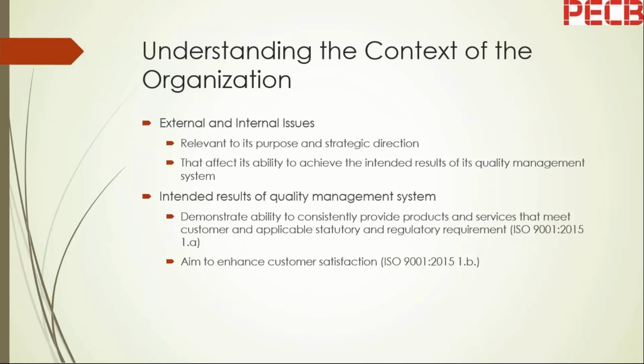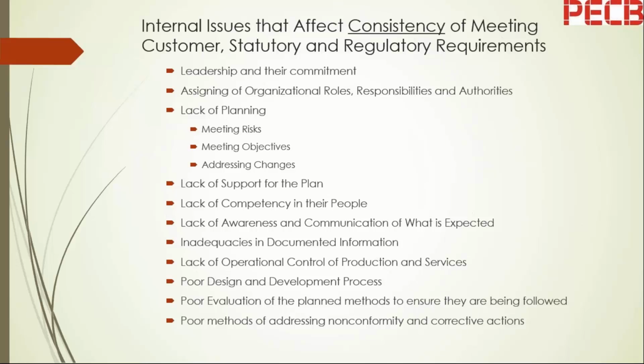Note, this is spelled out word for word in section 1.b of the ISO 9001:2015 standard. So the question becomes, what external and internal issues affect an organization's ability to consistently provide products and services that meet customer, statutory, and regulatory requirements and aim to enhance customer satisfaction?